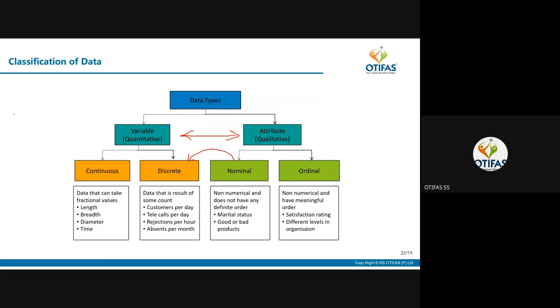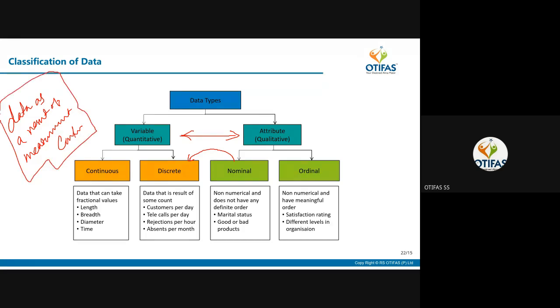So basically, we can say data as a result of measurement. They are continuous data. And data as a result of measurement, we can call continuous, variable, whatever you call. And data as a result of count, they are called attribute.